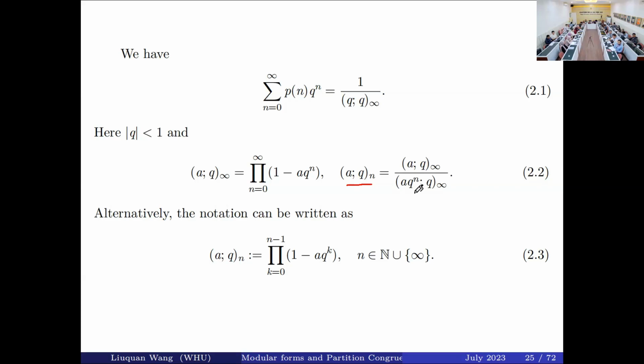In other words, (a;q)_n means (1-a)(1-aq) up to (1-aq^(n-1)). This holds for n being either a non-negative integer or infinity. For convergence, we need the modulus of q to be less than 1.